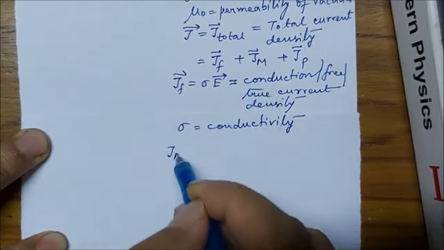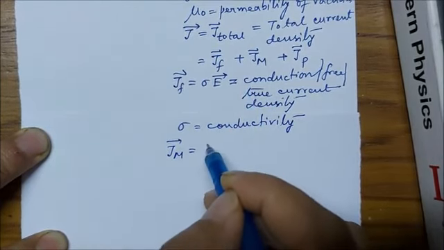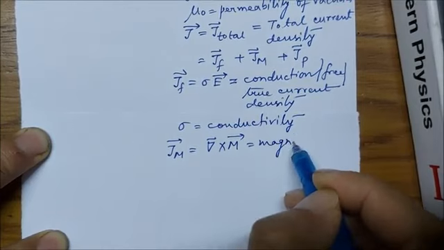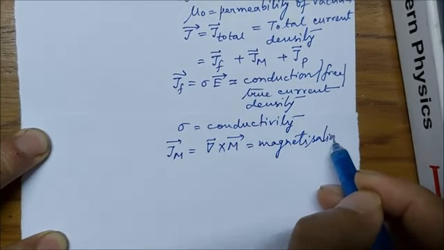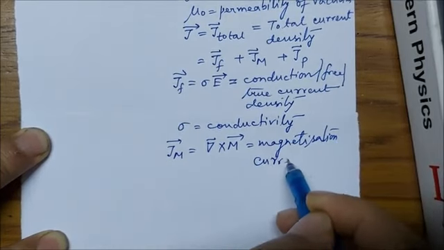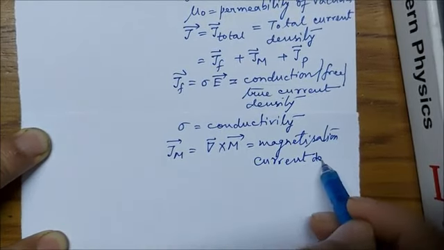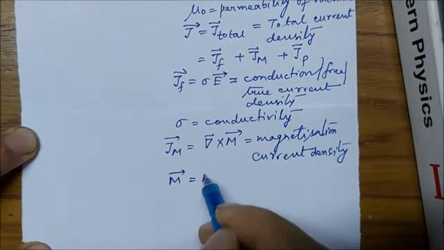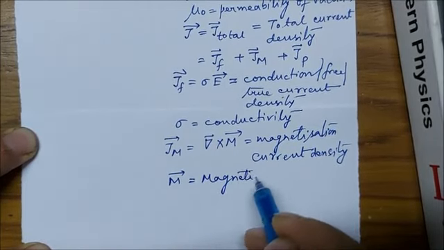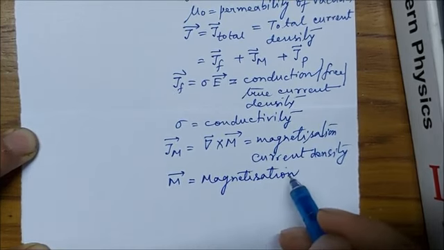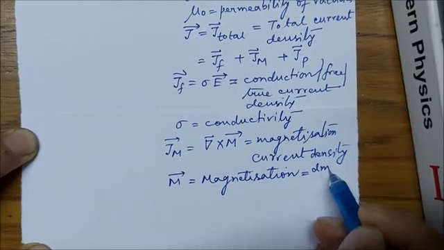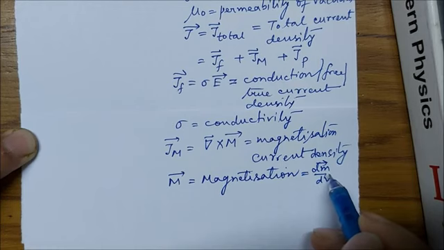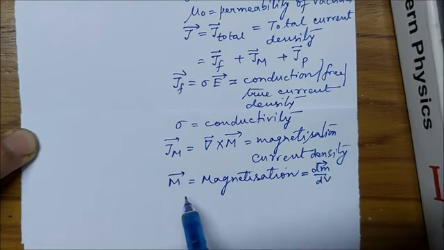Vector Jm represents the magnetization current density, whose expression is curl of M, and vector M represents the magnetization vector, or simply called magnetization, which is the magnetic dipole moment per unit volume, small m being the magnetic dipole moment and capital M representing magnetization.